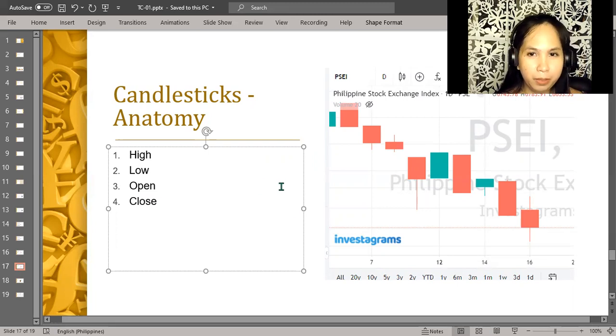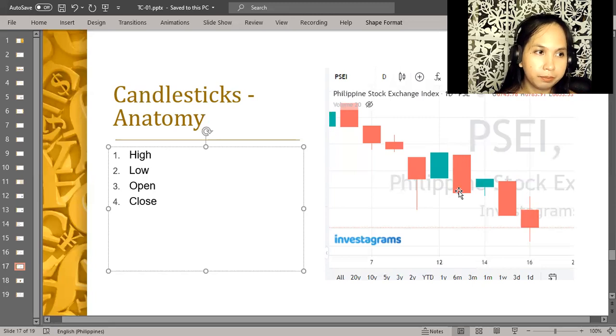The difference between the open and the close is called range and is represented by the body of the candle. A green candle, such as this one, means that the stock opened at a lower price, which is bullish, and then a red candle means that the stock opened at a higher price on this level but was sold down at the close, which is bearish.